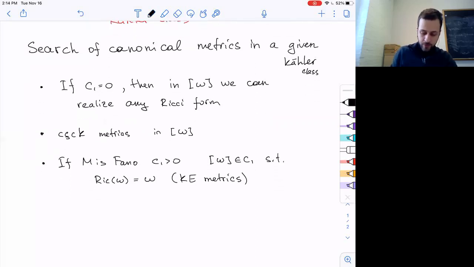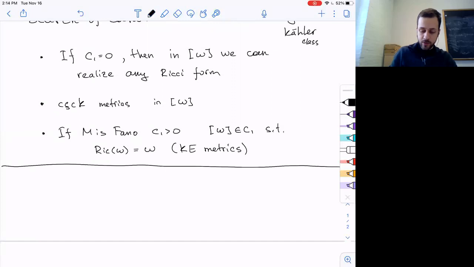So the way these problems are often approached and conceptualized, and in general, it's a very powerful tool in Kähler geometry, is that these problems are studied through functionals.